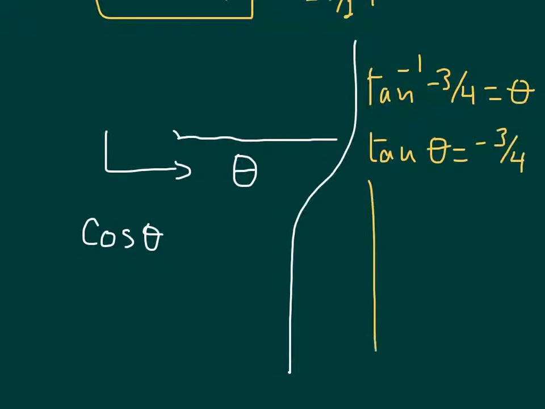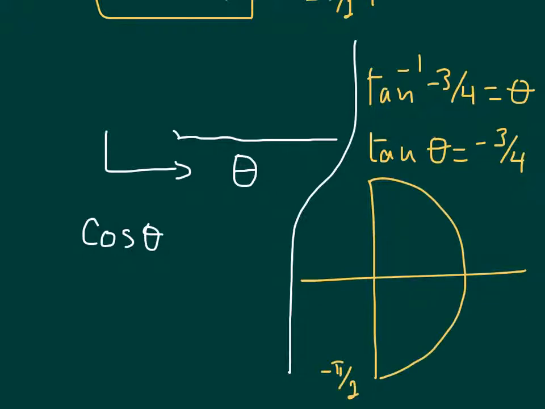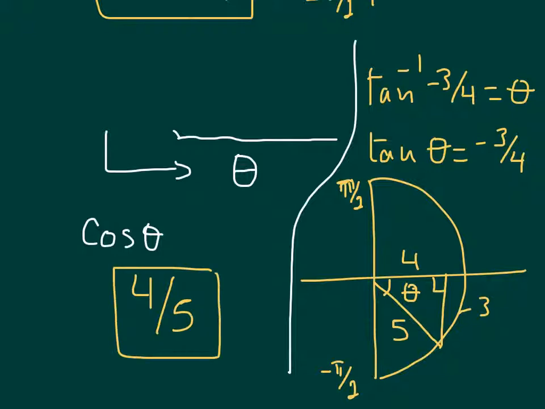Now, of course, we know the tan inverse is going to have to go from negative pi over 2 to positive pi over 2. And since we have a negative, I'm going to go to quadrant 4, negative 3 over 4, opposite over adjacent. This is a triple. This must have been theta. So to answer the question, I don't need to know what theta is. All I need to know is cosine of theta. Cosine of theta is 4/5. So the answer to our problem right here is 4/5.